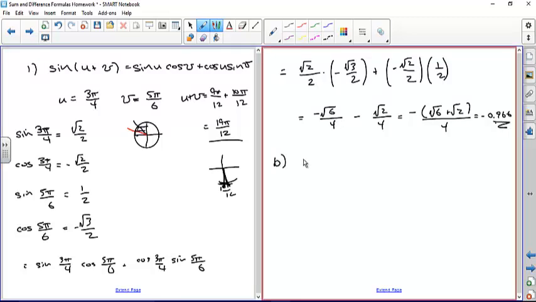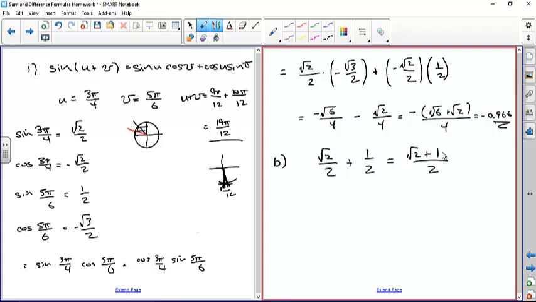The B part is to just take the sine of 3 pi over 4, which is the square root of 2 over 2, and add the sine of 5 pi over 6, which is a half, and so you get the square root of 2 plus 1 over 2.